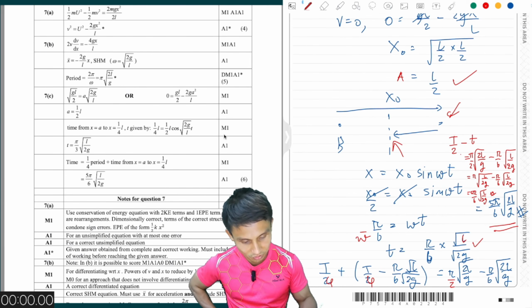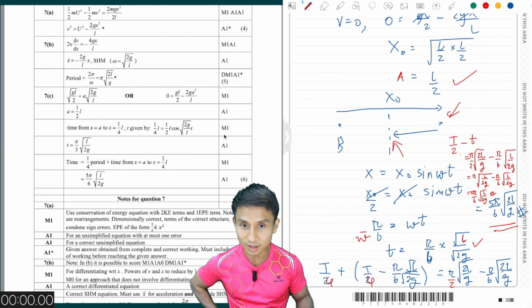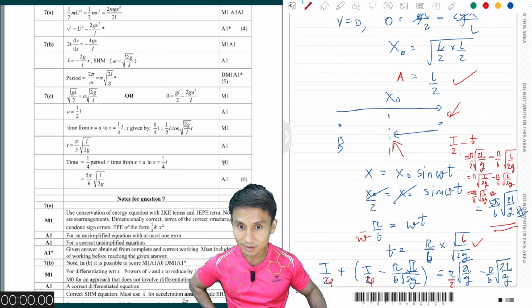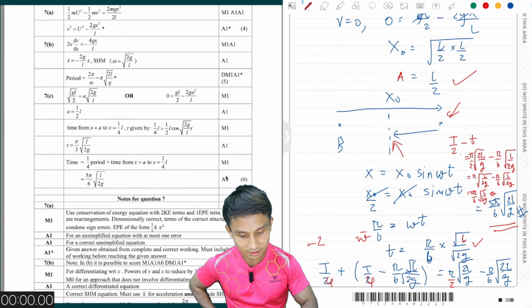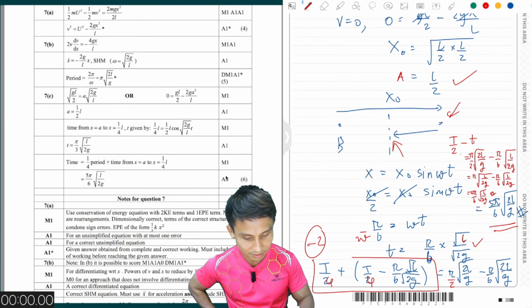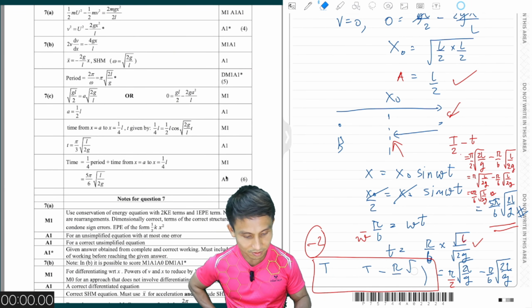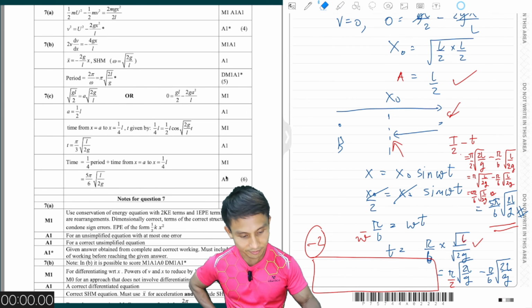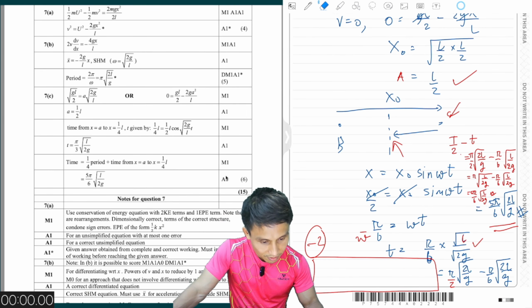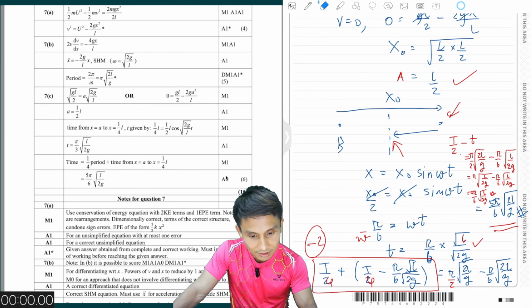So this is usable. So I'm going to mark myself there. And if I didn't make this final mistake here, I think I lost 2 marks because I did this line wrong. It should have been just this.